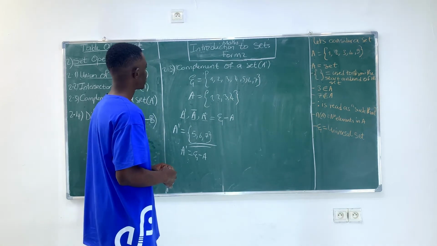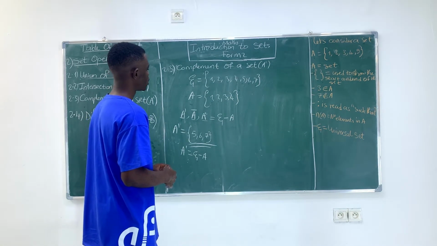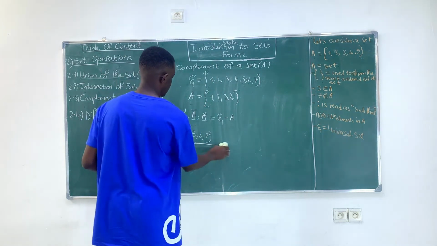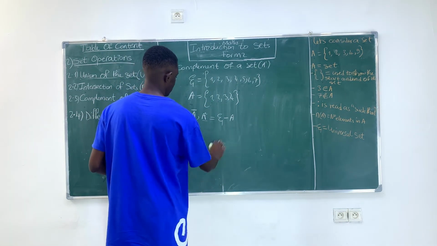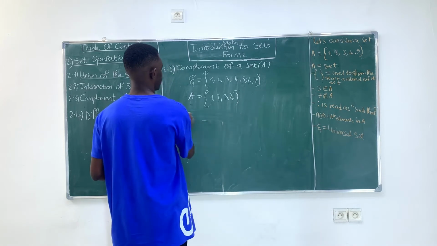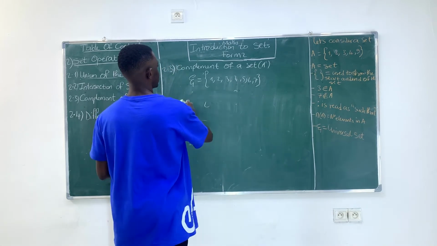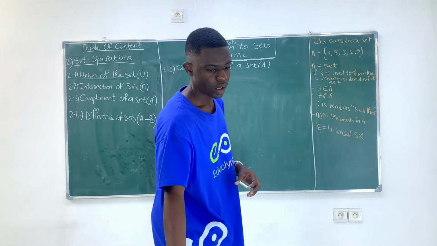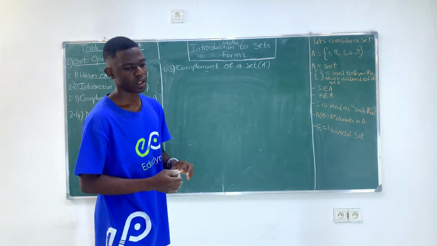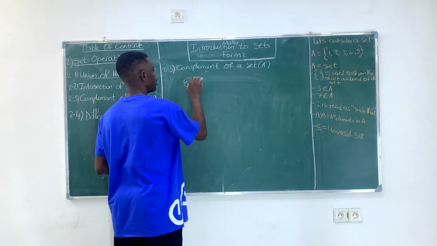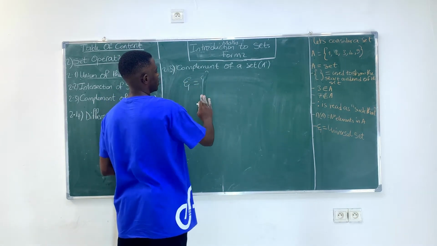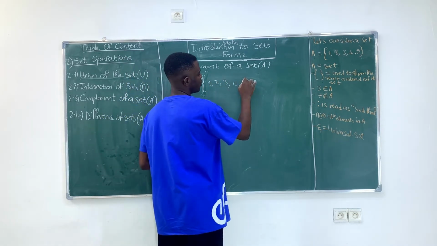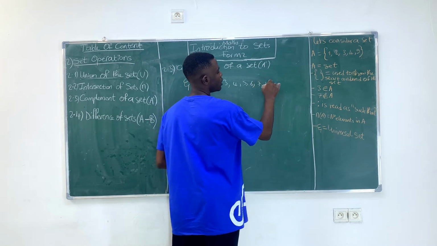Alright, so example 1. Example 1 says zeta equals, our zeta is 1, 2, 3, 4, 5, 6, 7, 8, 9, 10.